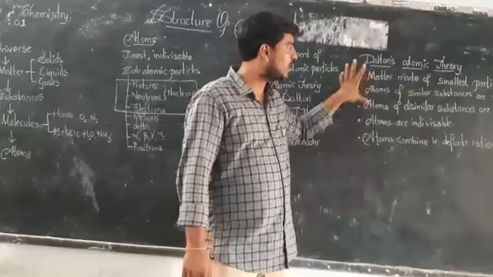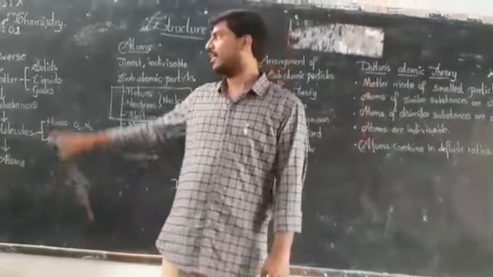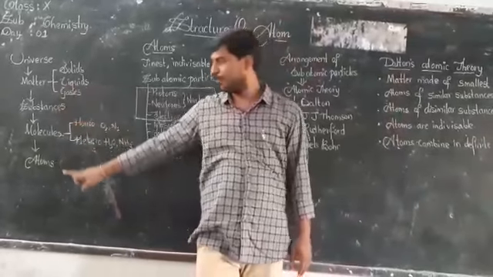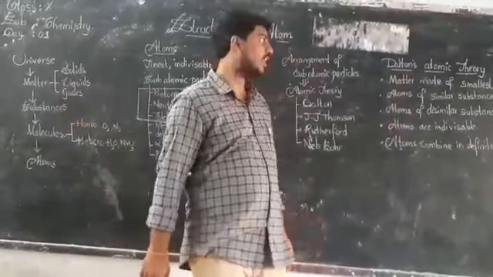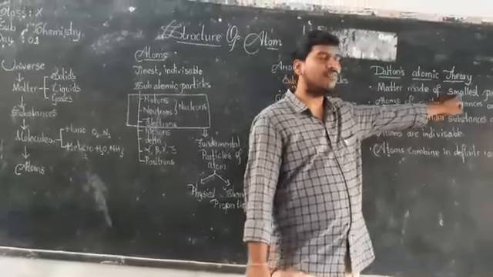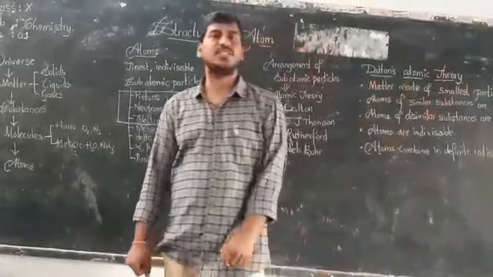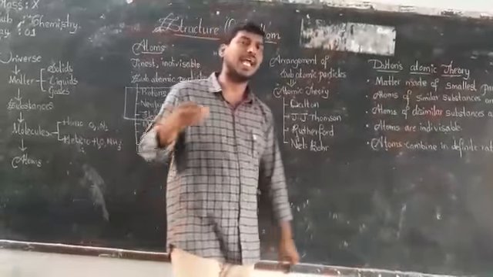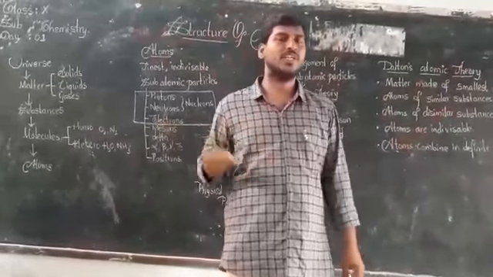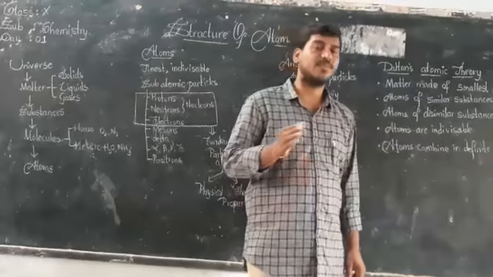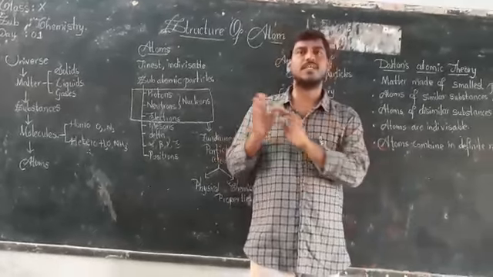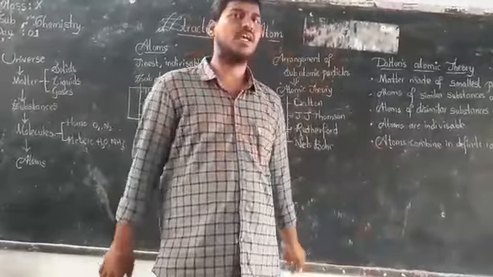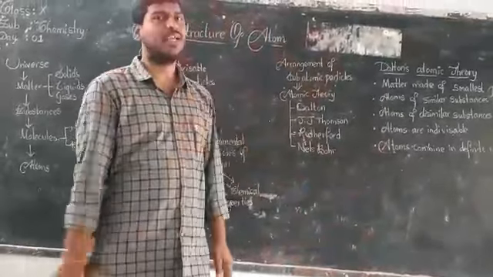What did Dalton propose? He proposed that all matter is made up of atoms, right? So matter is made up of the smallest particles, which are called atoms. When you take atoms belonging to similar substances, they are similar in all properties, physical as well as chemical.